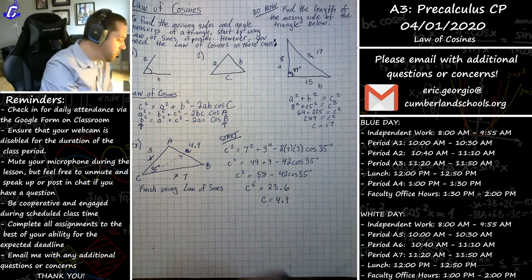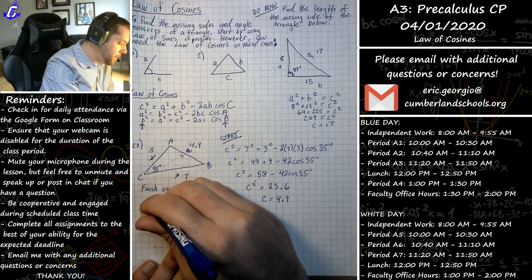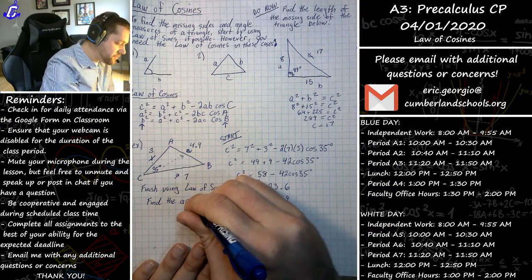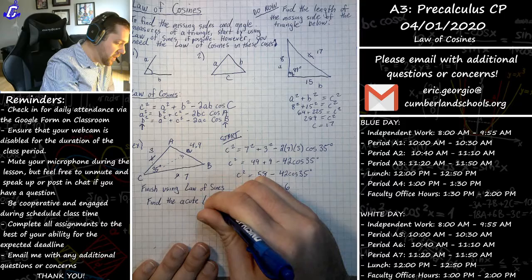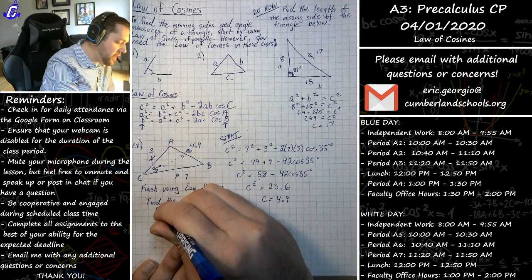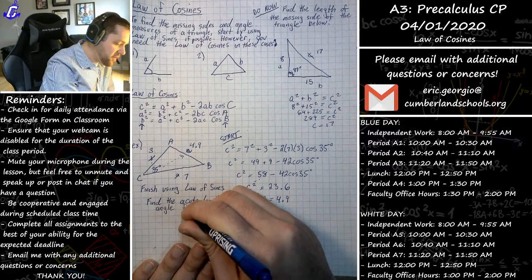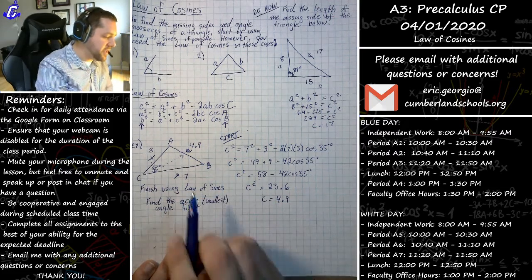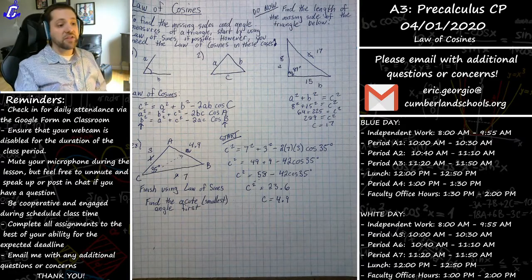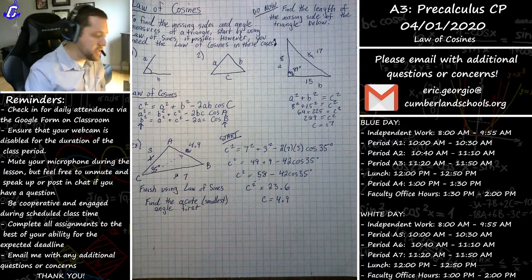So now what you want to do is find the acute, or really the smallest, angle first. The one that you know is going to be acute, because it's across from the smallest side, right? That's a good connection back to geometry. The smallest angle is across from the smallest side. I'll show you what happens if you don't do that in just a moment.